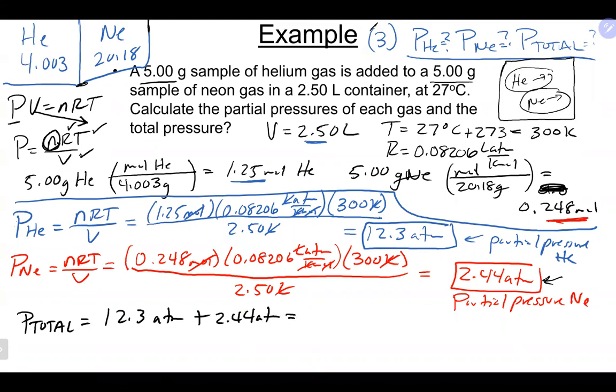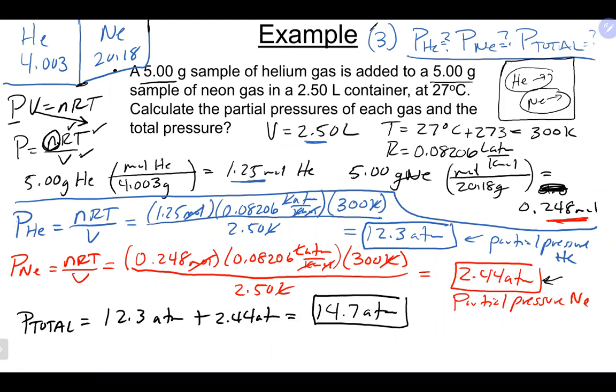And that gets you 14.7 atmospheres as our total pressure in this mixture. In a lot of cases, if you have a partial pressure situation like this, it's really just the ideal gas law: solve for each gas individually, which gives you the partial pressures of each gas, and then you just add them together, and it gives you the total pressure. Any questions on that there?